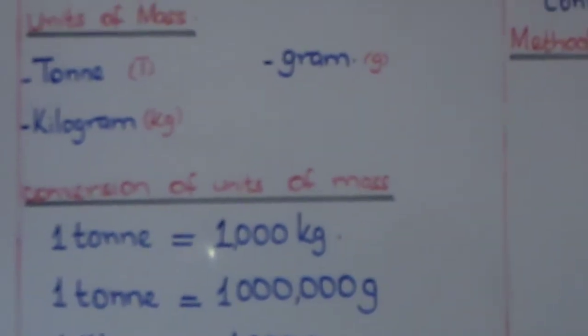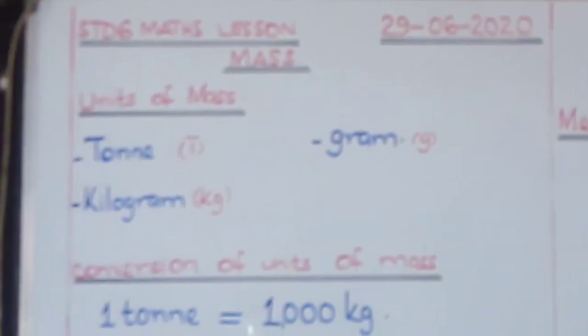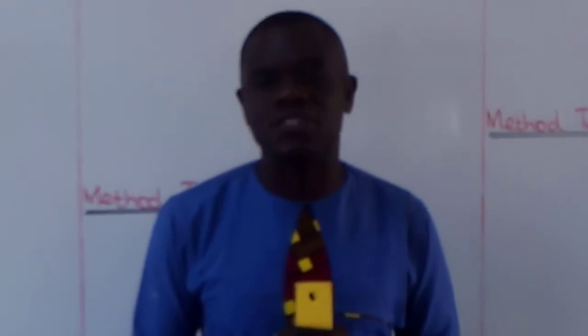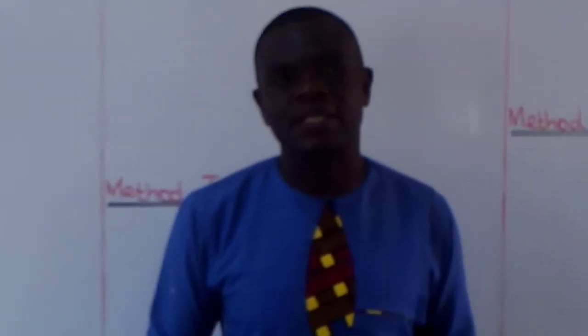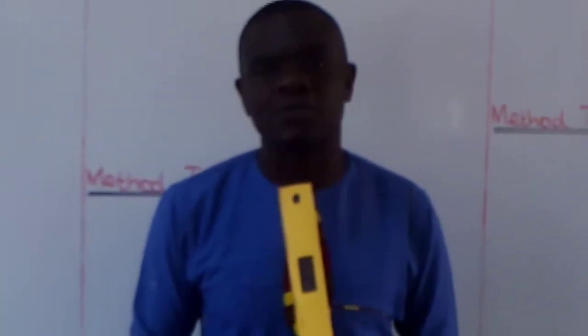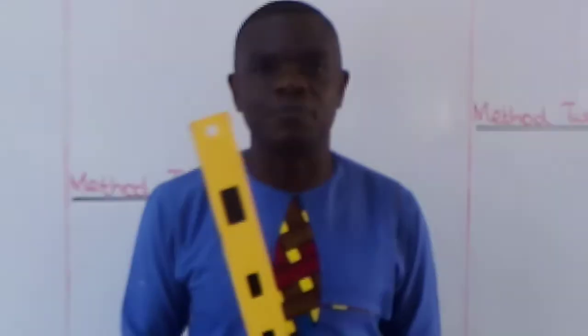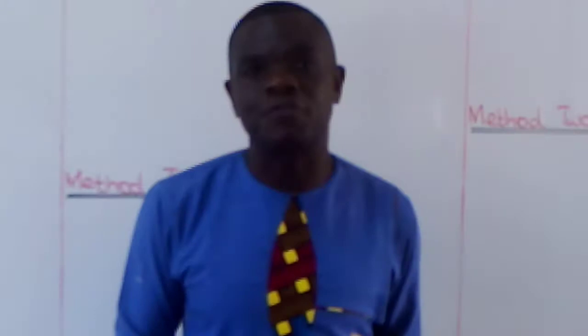Now, before we go on, can you tell us your own mass? How much do you weigh? What is the weight of your classroom teacher? What is the weight of your friend, your deskmate?